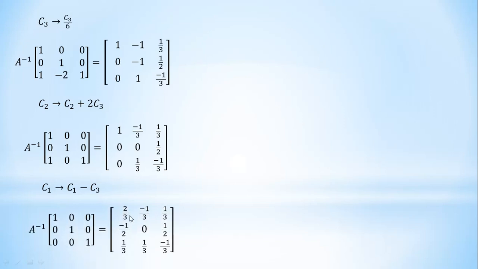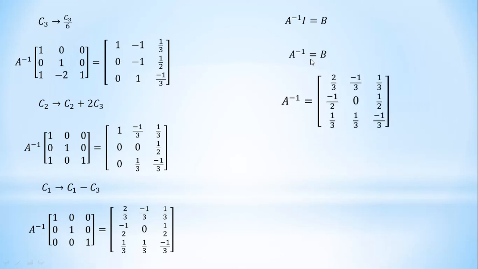So on the right hand side, changing column number 1: 1 minus 1 by 3, that is 2 by 3, then 0 minus 1 by 2, that is minus 1 by 2, and 0 minus minus 1 by 3, that is plus 1 by 3, and the other two columns as they are. So here we get the identity matrix. Hence you can write A inverse into I is equal to this new matrix B, and hence A inverse is equal to B. So we get the inverse of the given matrix.